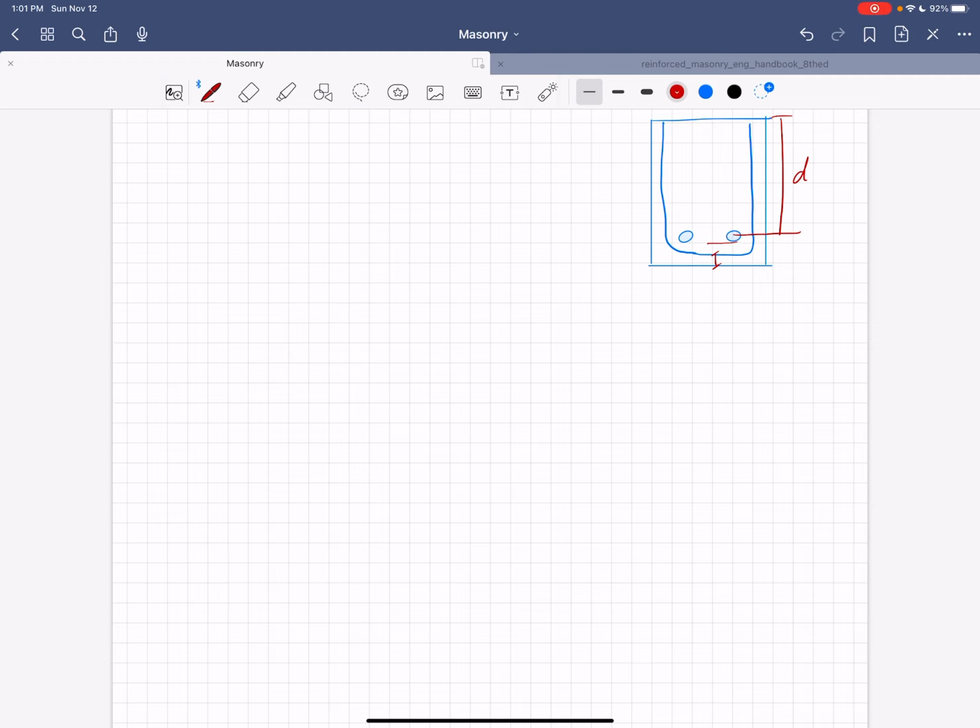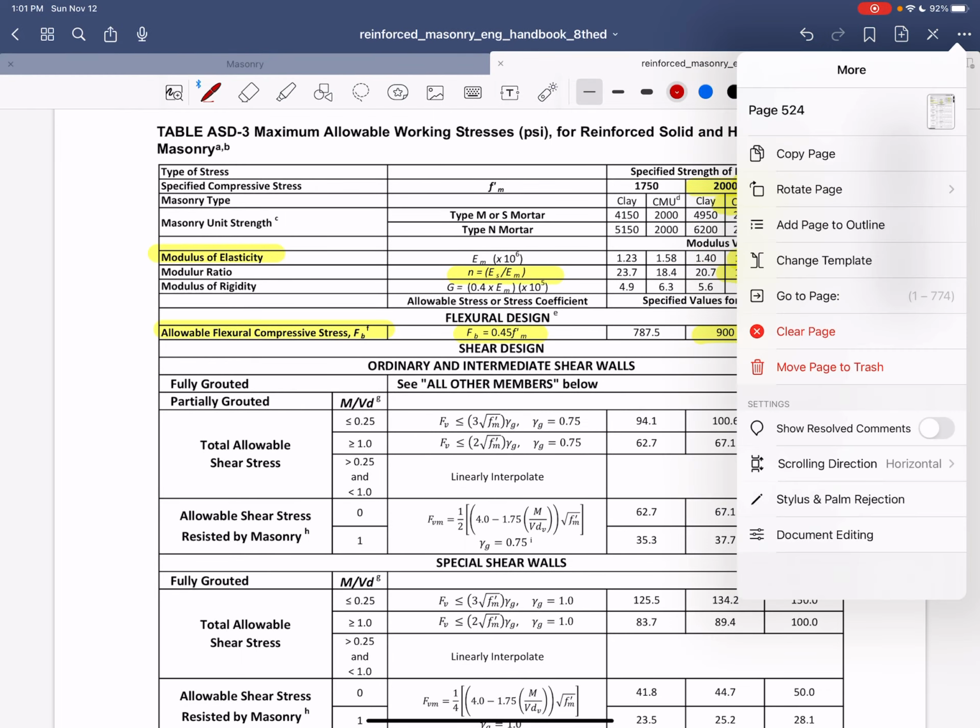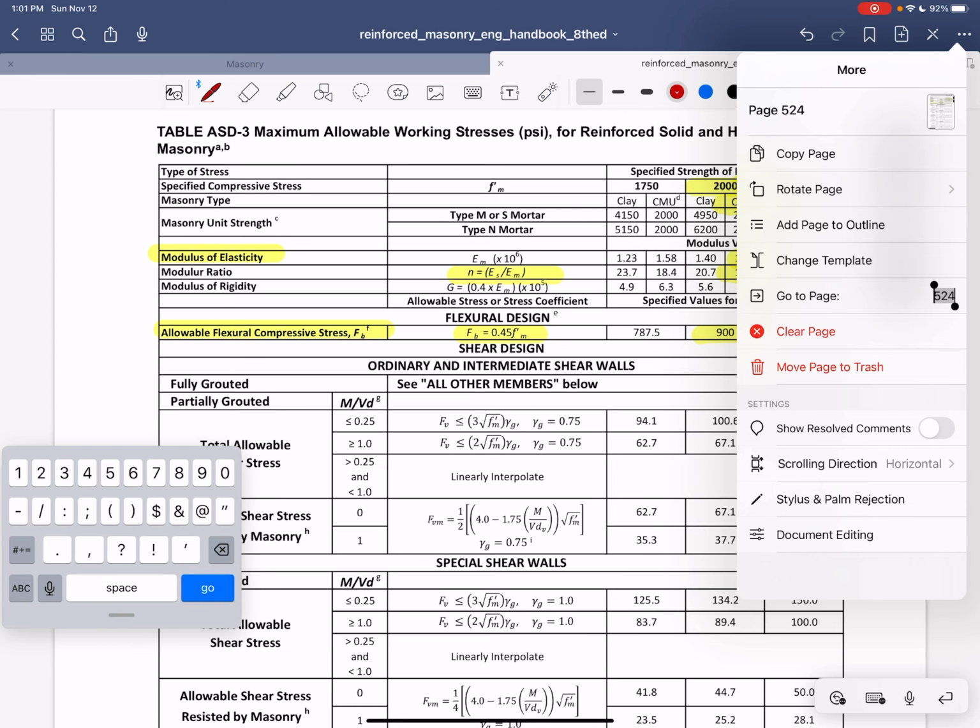The easiest way to take a look at this is probably in the handbook on page 335, which I believe I wrote down.